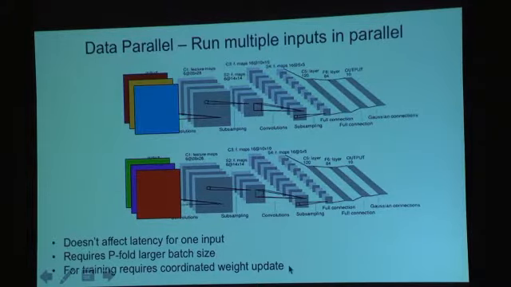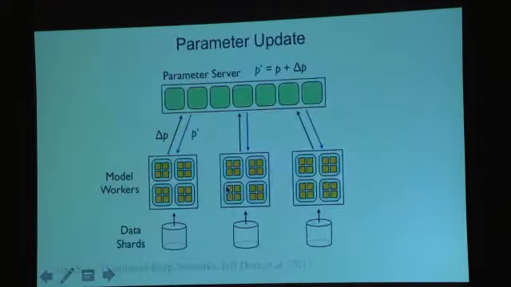And then for training, I need to coordinate the weight update. So across these different ones, after I do my back propagation on each mini batch, I have to take my weights and exchange them. And there are 2 ways to do this. This is a figure from Jeff Dean's paper from 2013 on large-scale distributed deep networks, where they use the notion of a parameter server. There's one server in their network that's responsible for all the weights.